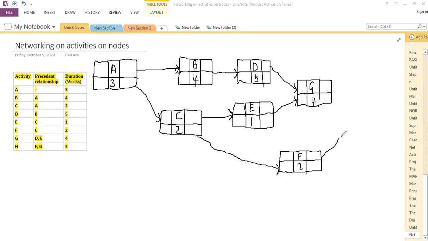Then of course F and G, giving rise to our last activity in the project. H has got no successor. And so we mark the end of our project.